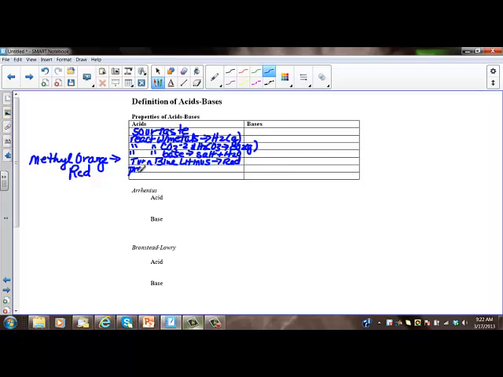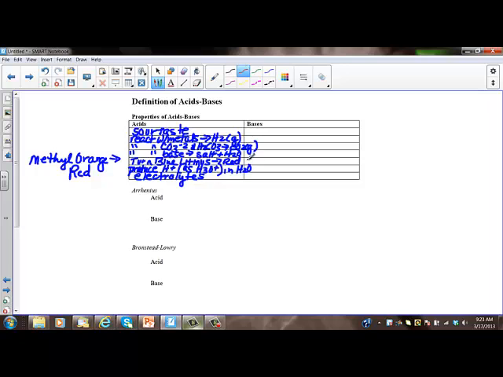They produce H plus as H3O plus in water. And H3O plus is simply a hydrogen ion attached to a water molecule. And they are electrolytes, meaning they have the ability to conduct an electric current.